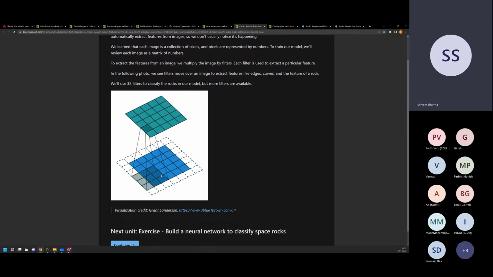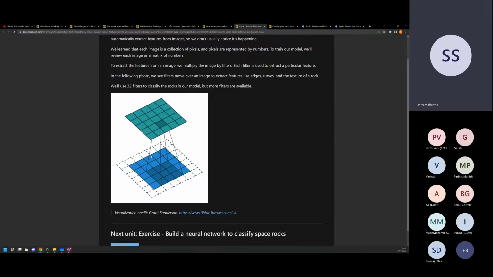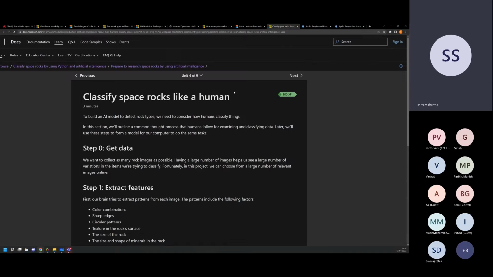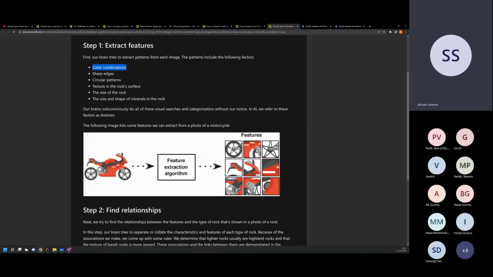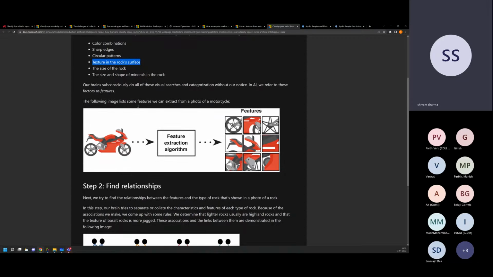If I take you further, think about human beings. If I give you a superbike to identify, this is how you can do it. You may look at the color combination, the edges, the patterns, maybe the circular patterns. In terms of a rock, the texture of the rock, the size and orientation, and the shape of the minerals.